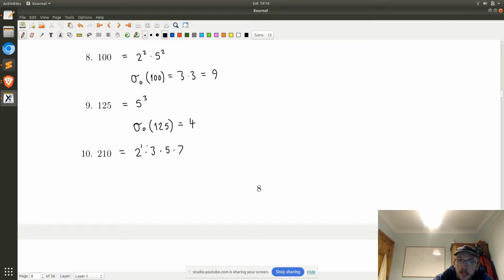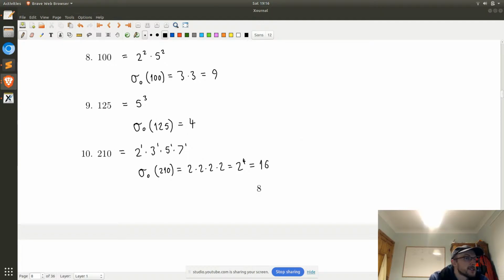These are all first powers. And thus, to get sigma sub 0, it would be 2 times 2 times 2 times 2, or 2 to the 4, which is 16. And potentially as exercise, you could just list the first 8 divisors.